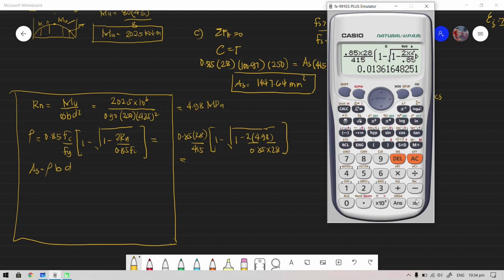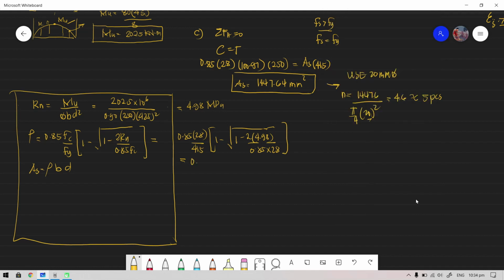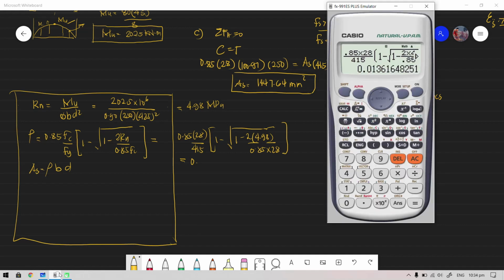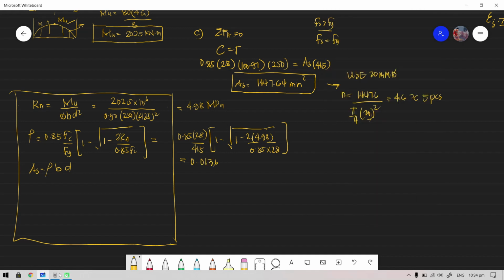So, yun. So, makukuha natin 0.0136. So, para makuha natin yung AS, so 0.0136, yung B natin is 250 multiplied by 425. So, meron ka ng AS.